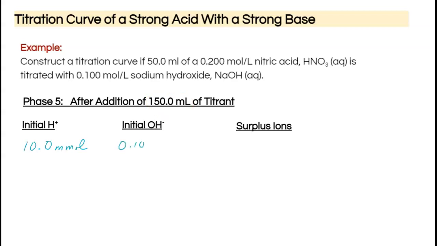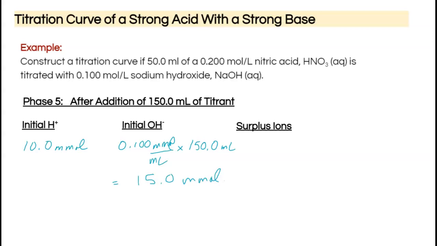So I've got 0.100 millimoles per milliliter times the 150 milliliters, and that's going to give me 15 millimoles. And so now I'm at the point where I can see that I'm going to have a surplus of hydroxide ions.